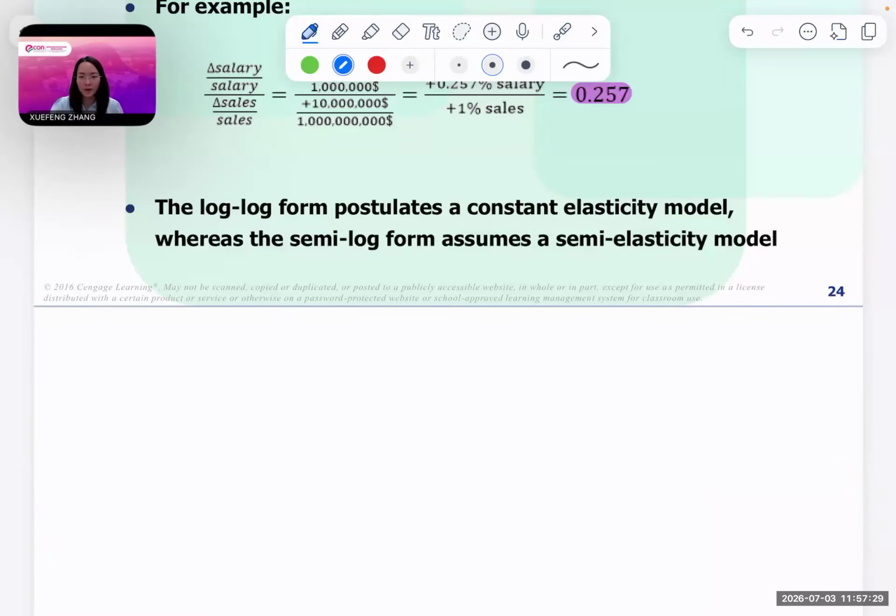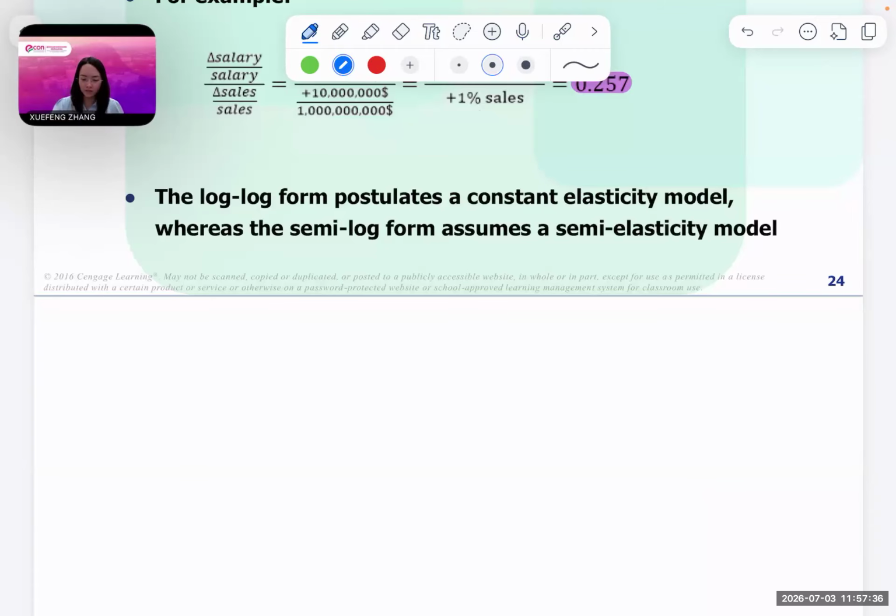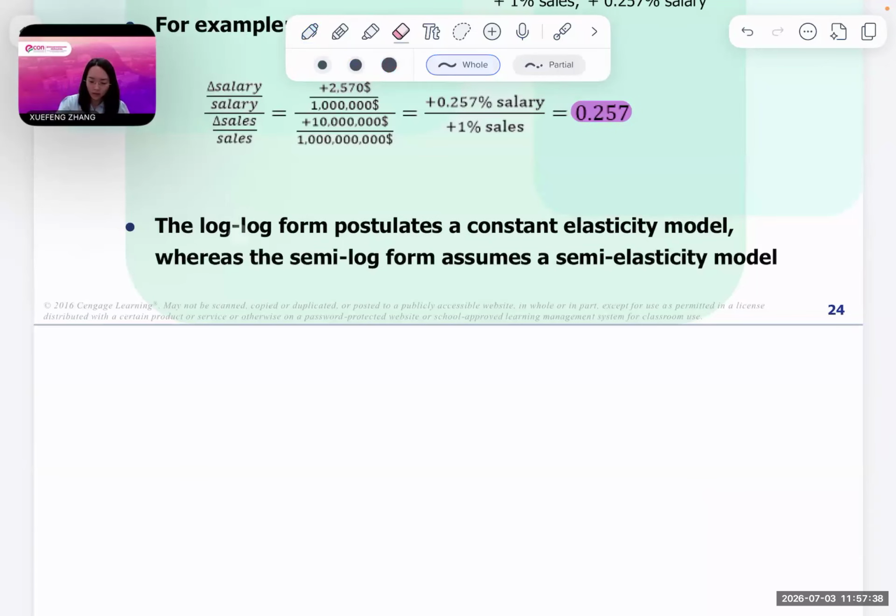Okay, think about it and let me summarize. Log-log, constant elasticity, but for semi-log, it's a semi-elasticity model.